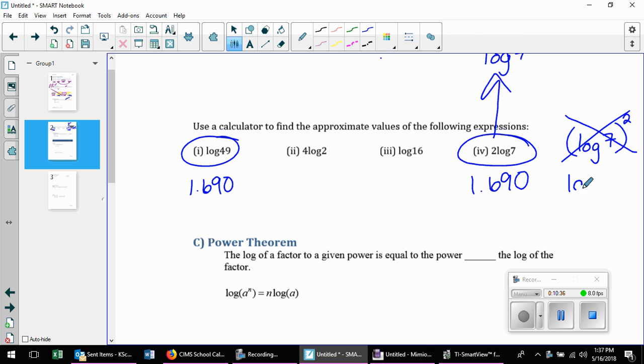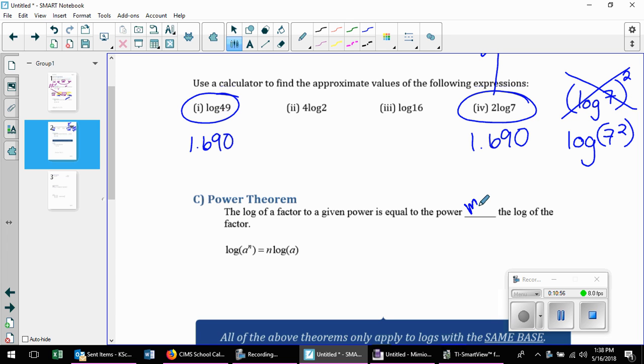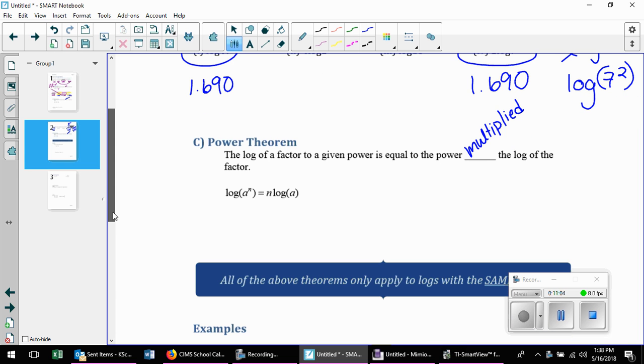So here, you would write it like this. Does that make sense? This is not equivalent to that. These are two totally different things. Okay, so this one is multiply. So if you have an exponent on the logarithm, it gets moved out front.